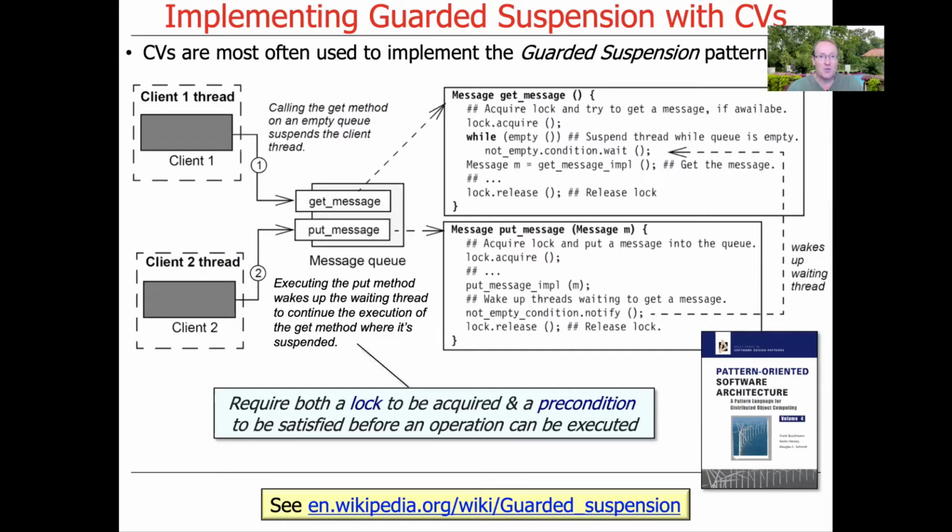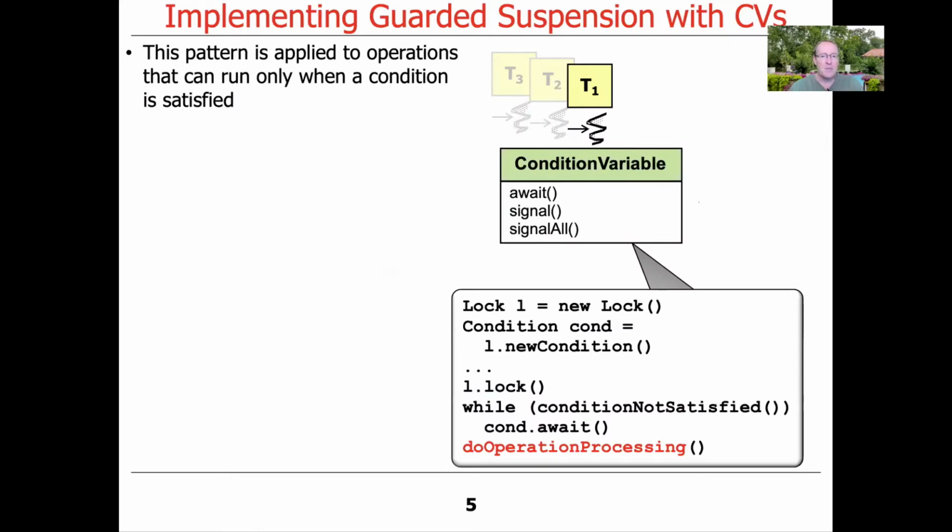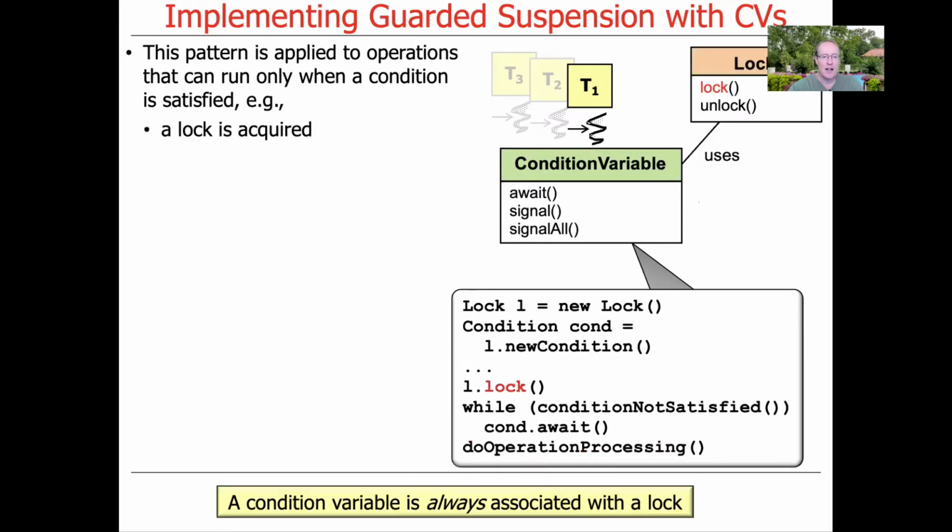Either way, the guarded suspension pattern requires both a lock to be successfully acquired and a precondition to be satisfied before an operation can actually execute. So that's what the guarded suspension part means. This pattern is applied to operations in multi-threaded programs that can only run when a particular condition is satisfied.